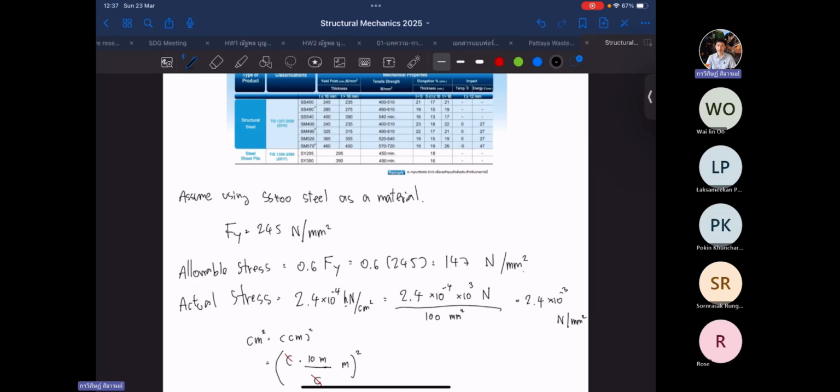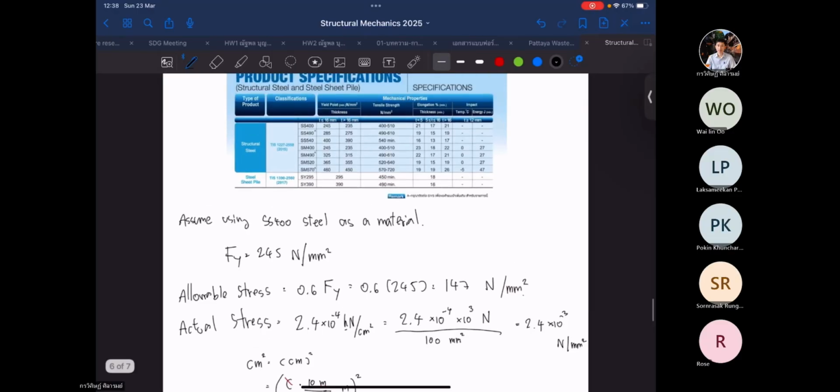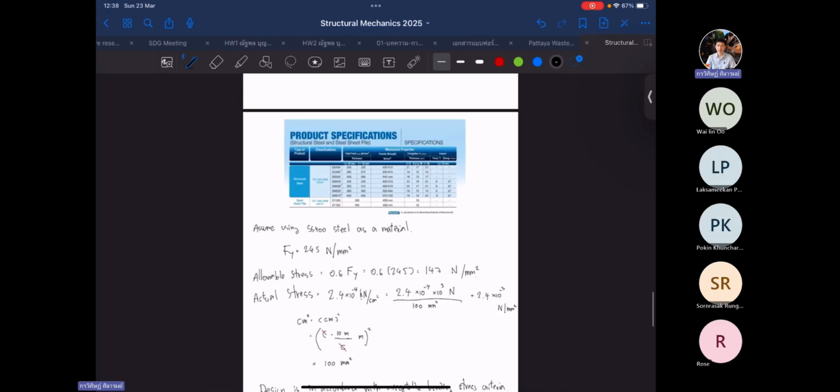Kilonewton per centimeter square. Okay, properly correct.